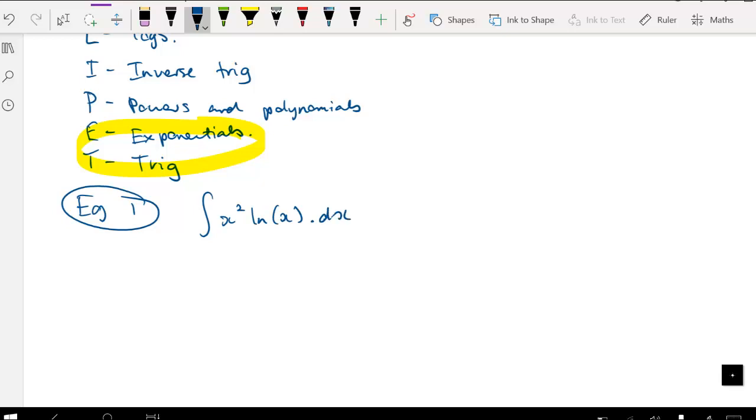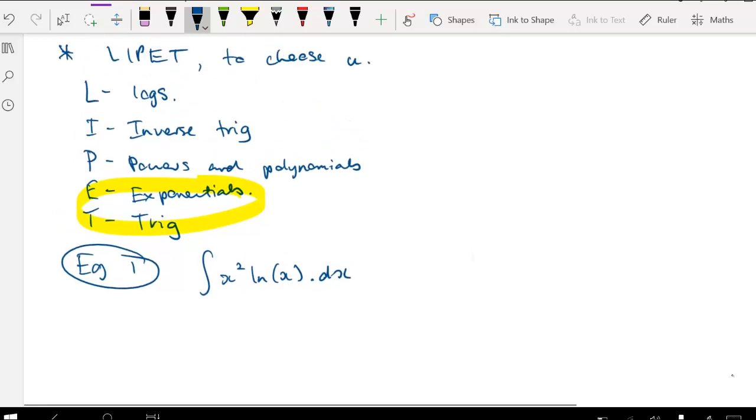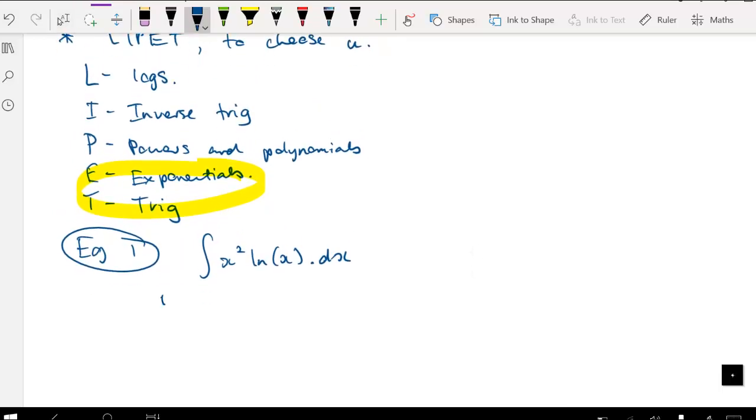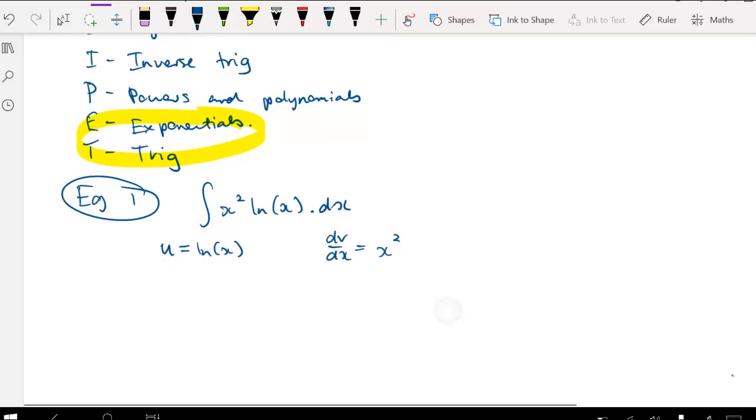Alright, so in this situation, looking at LIPET, we can straight away define u as ln x, and we can define dv dx as the other term, which is x squared. So what we need to find first is the derivative of u, so du dx. The derivative of ln x is 1 on x, and we have to find the integral of dv dx.